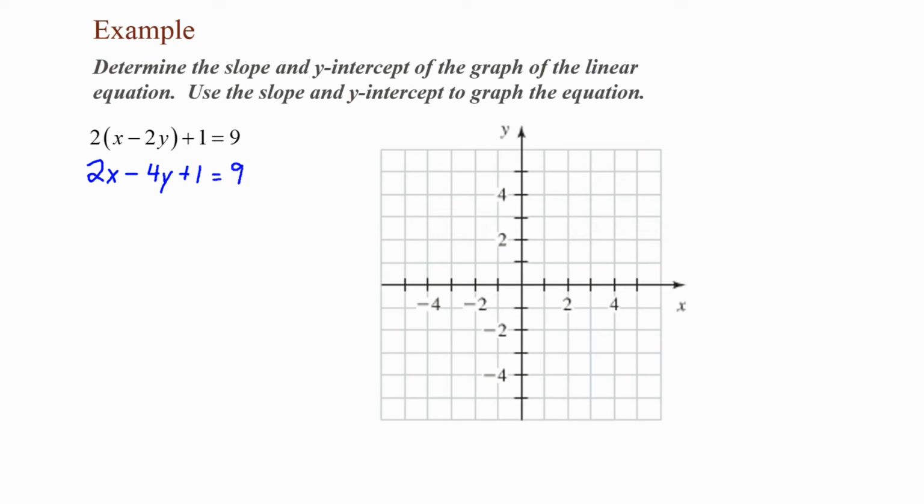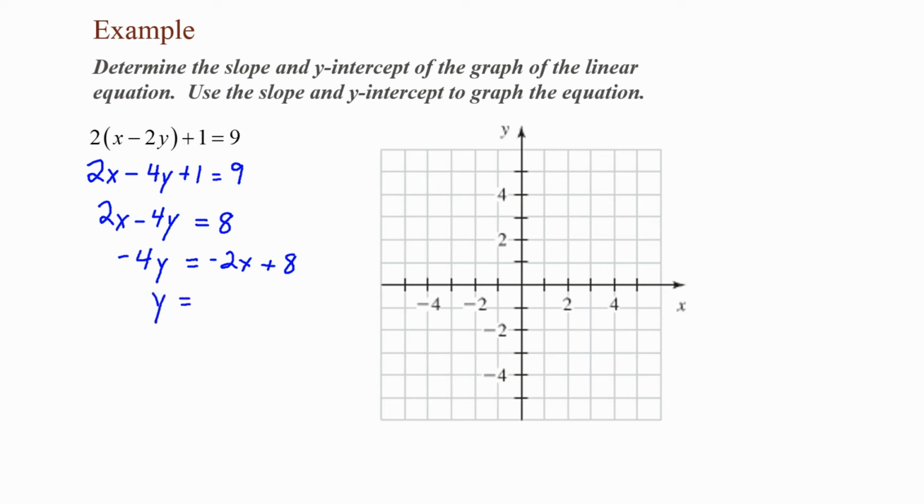Then I want to subtract 1 from both sides. So now I have 2x minus 4y equals 8. Then subtract 2x from both sides, so negative 4y equals negative 2x plus 8. Then I want to divide both sides by negative 4.